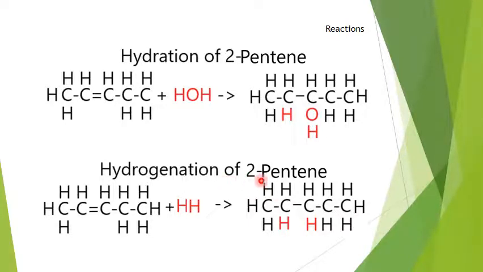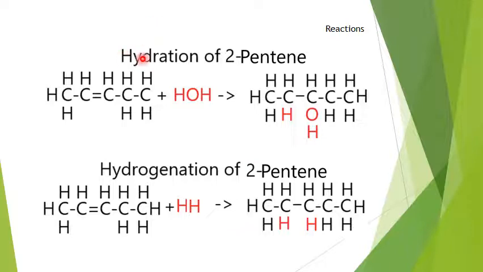Notice here that this actually turns an alkene into an alkane. So it turns an unsaturated hydrocarbon into a saturated hydrocarbon. And we'll see a similar thing when we talk about fats, saturated fats and unsaturated fats. So you have to know these two reactions.